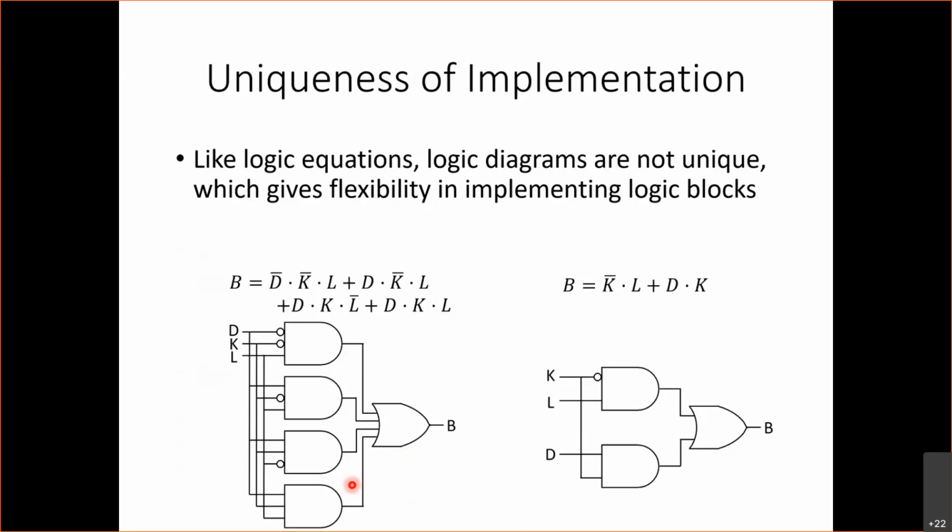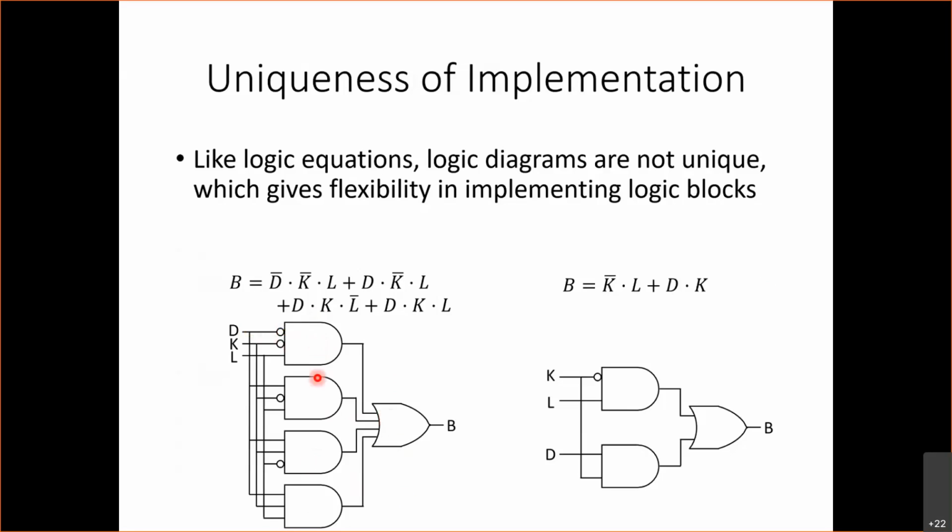So let's do an example. Here I have a 3-input AND gate, and another 3-input AND gate, and another, and another. That's 3, 6, 9, 12. And I have a 4-input OR gate. No, wait, I think I did the math wrong.